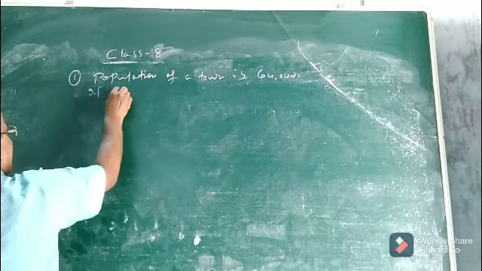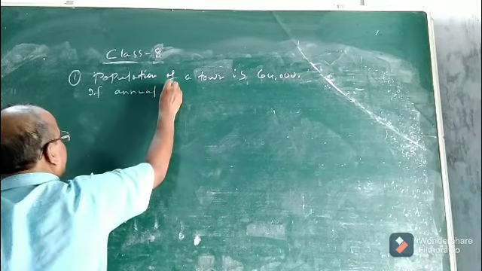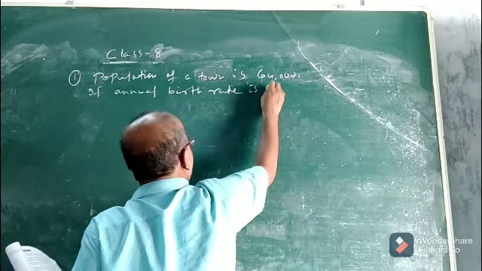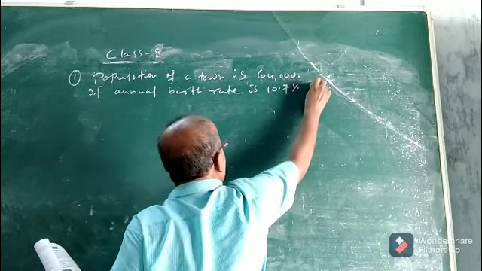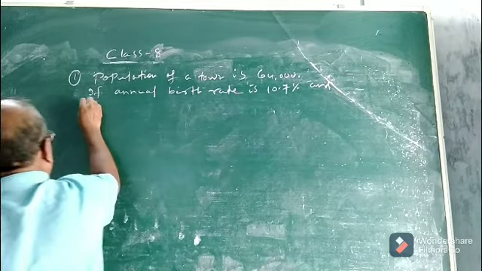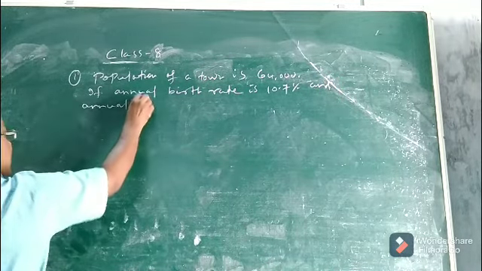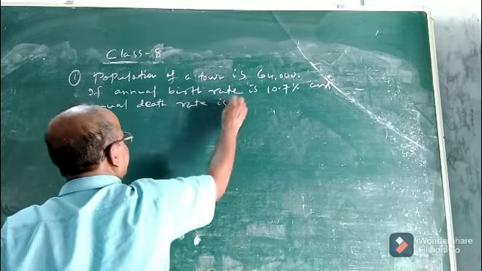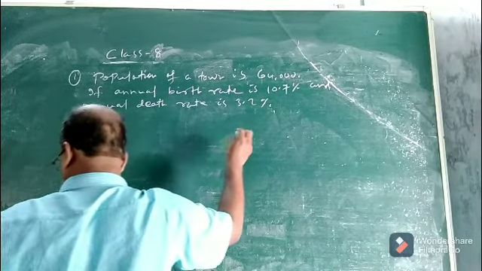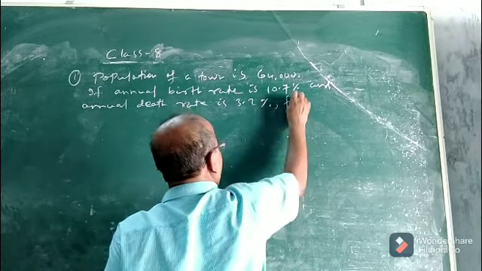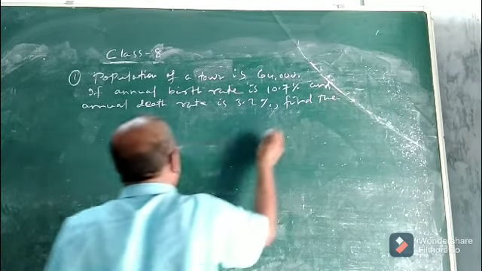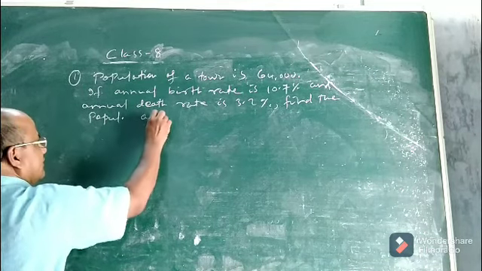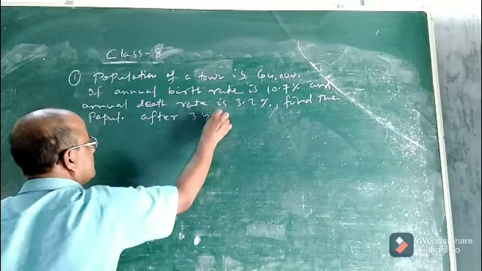If the annual birth rate is 10.7% and the annual death rate is 3.2%, find the population after 3 years. Calculate the population after 3 years. This is the question. See how to solve this.